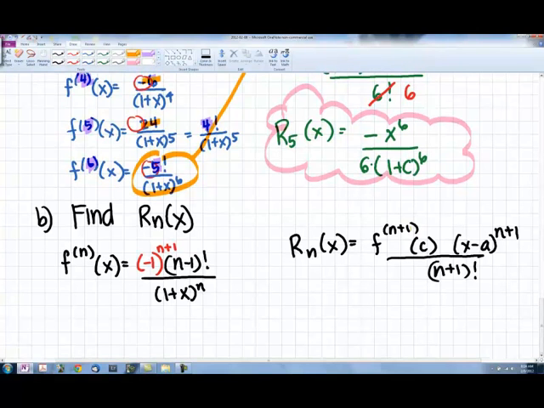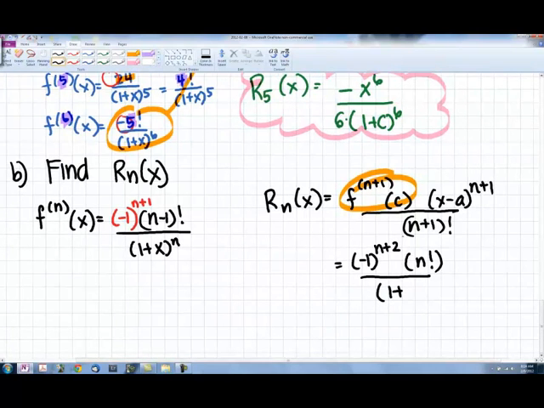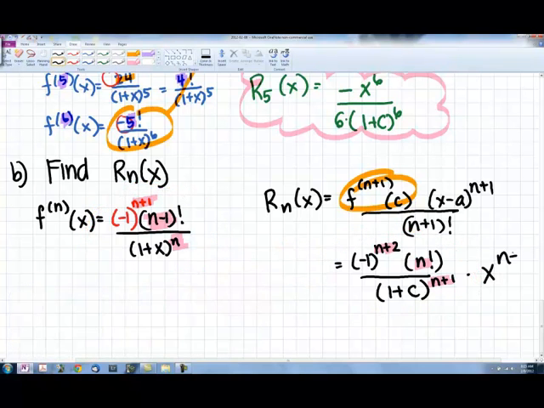So what I need to do now is really just plug in this stuff for my n plus 1 derivative, which is going to make it negative 1 to the n plus 2 n factorial over 1 plus, now I'm going to write a c in here because I want f of c, 1 plus c to the n plus 1. Okay, and then on this problem, a was equal to 0, so that's times x to the n plus 1 all over n plus 1 factorial.